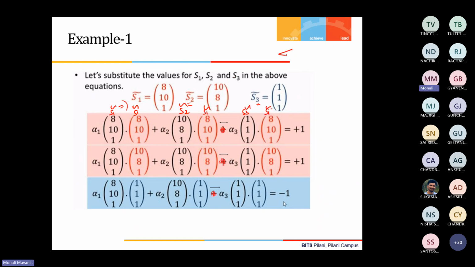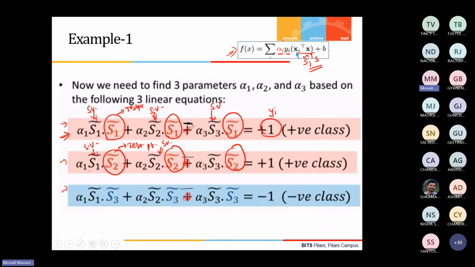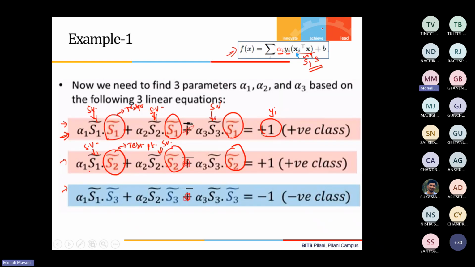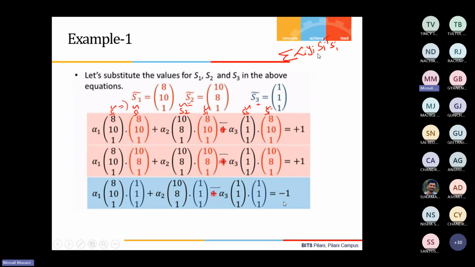This equation is nothing but the summation of the previous one: alpha i, yi, Si transpose Si. Plus b is not there because we have incorporated the bias term inside. The negative sign is because of yi, which is -1.